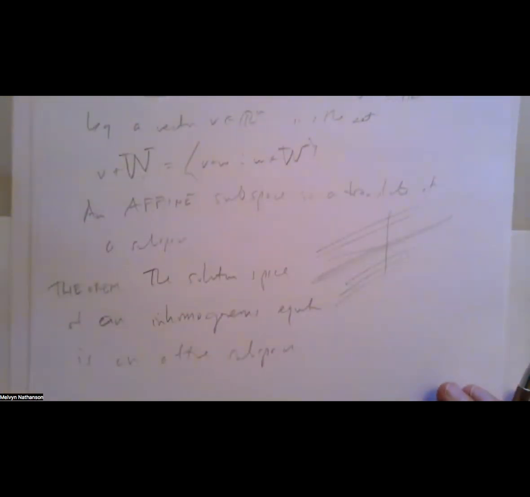So we already saw that in the case of, what was that nice equation we were looking at in the beginning? 4x plus 7y equals 5.